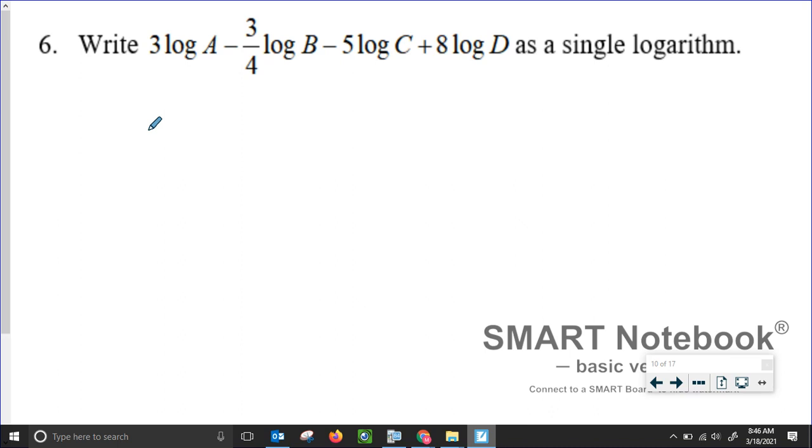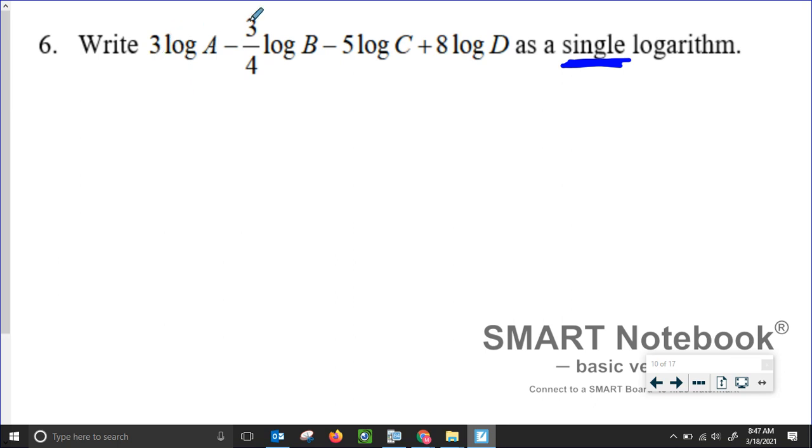Now we're going the other way. We're going to condense this into a single logarithm. Do notice that word single. Lots of students try to still throw in 37 logs here. Please do not be one of those students. I'm just going to do the opposite of what I did last time.